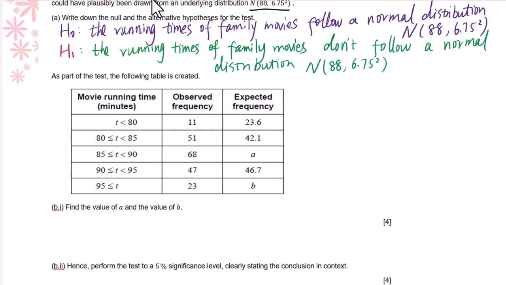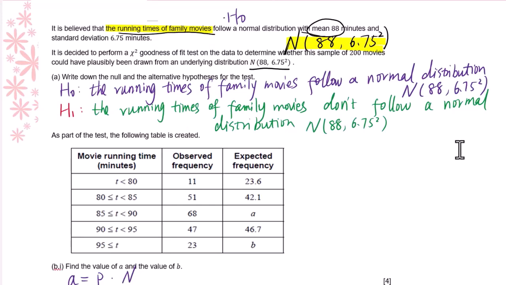So we assume the observed frequency follows a normal distribution with 88 as the mean, 6.75 as the standard deviation. So this A equals probability times N. N is given, 200 movies. So N equals 200.